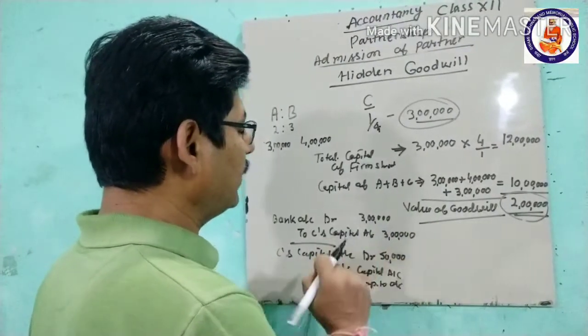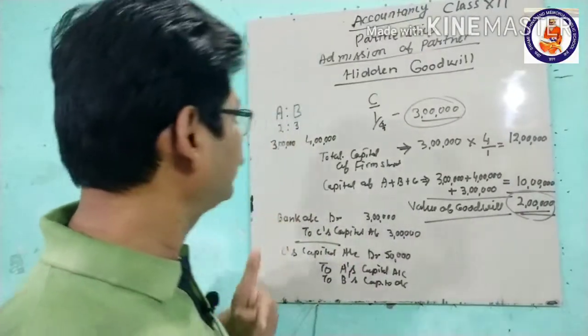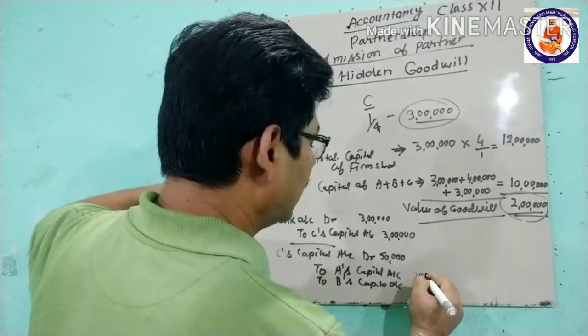So 50,000 will be divided in 2:3, divided by 5, into 20,000 and 30,000.